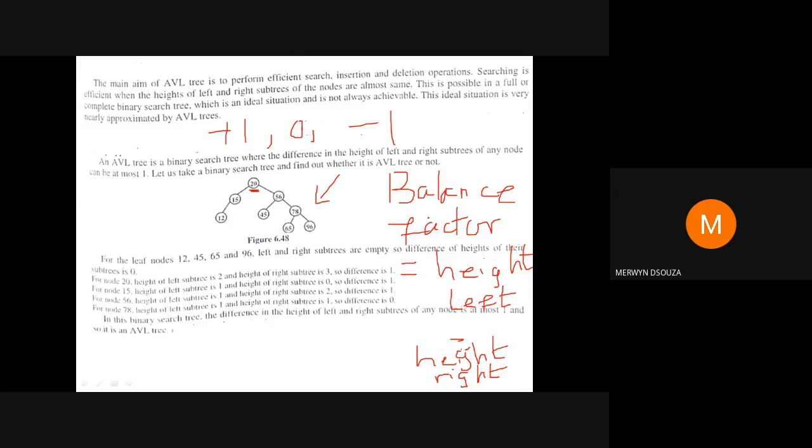Note down this formula and keep it. This is the formula used to calculate these values. Again, I'll repeat it if you are writing it down: balance factor equals height of the left subtree minus height of the right subtree.